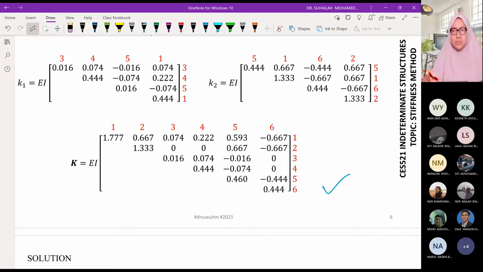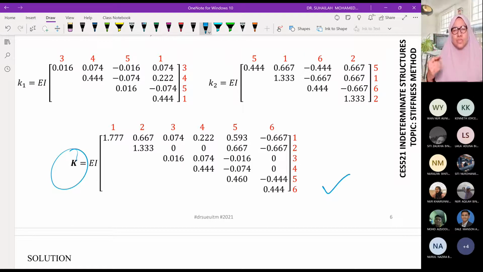There are 3 nodes times 2, which is 6. So we get 6 by 6. In the structure stiffness matrix, the values must be written in order, from 1 to 6.